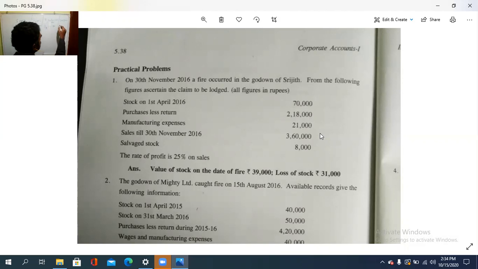See, the value of the stock on that day is 39,000. Then whether we need to use the average clause or not, we need to check that. The net loss is equal to gross loss, 39,000 less salvage value of 8,000. So 31,000 is the net loss of stock by fire.